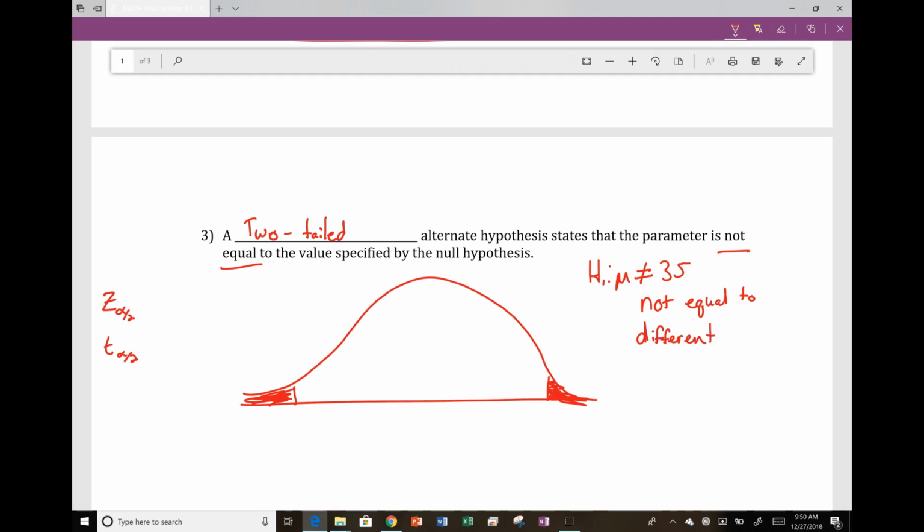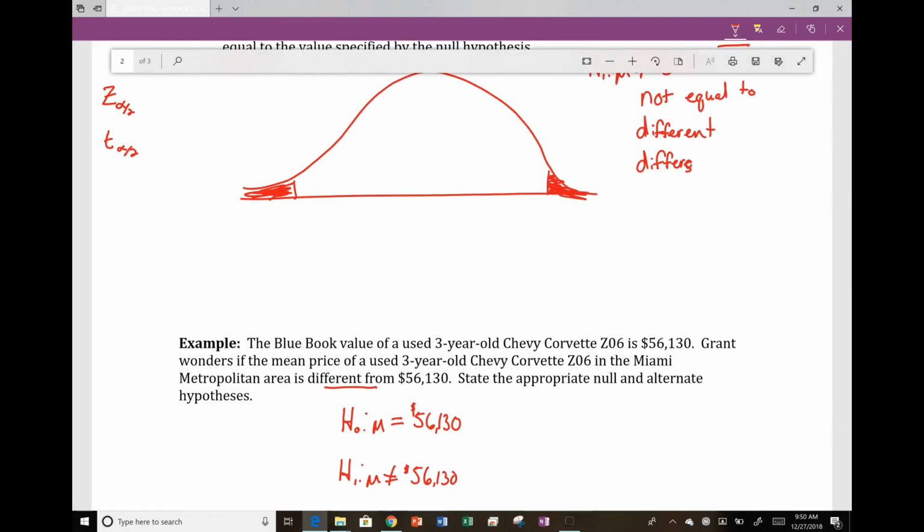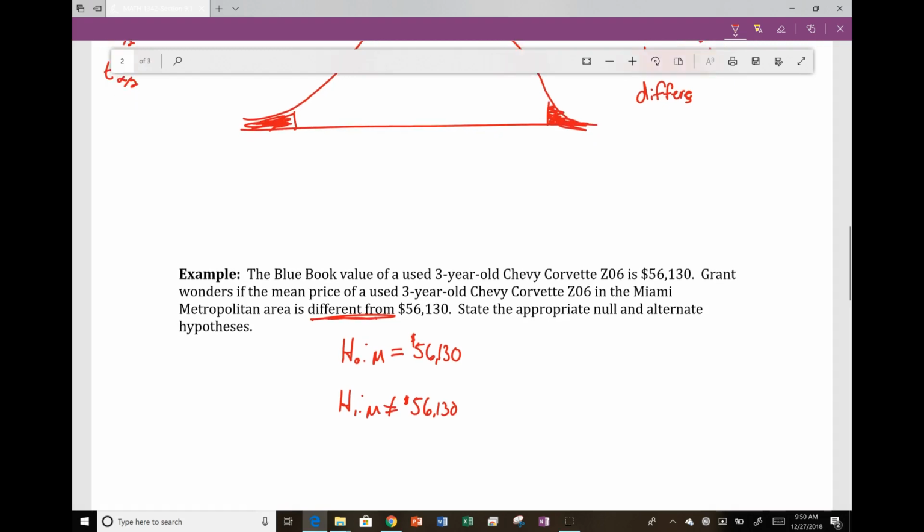So if it has different, differs, not equal to, these are the things that are going to signal that we're looking at a two-tailed test. So that's why, since this is different from, we're looking at a two-tailed test.